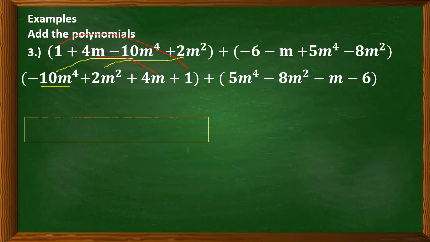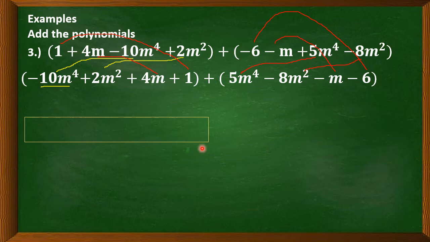Also, the second addend, let's begin with 5m to the power of 4, followed by negative 8m squared with a degree of 2. Then here we have negative m, and lastly is negative 6. Okay. Now we have to combine similar terms.